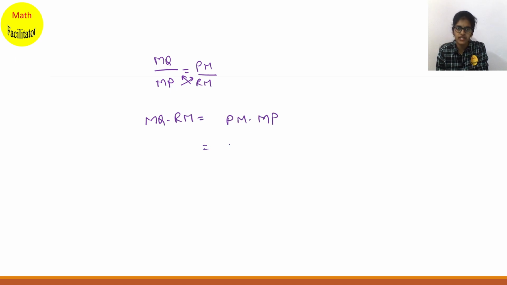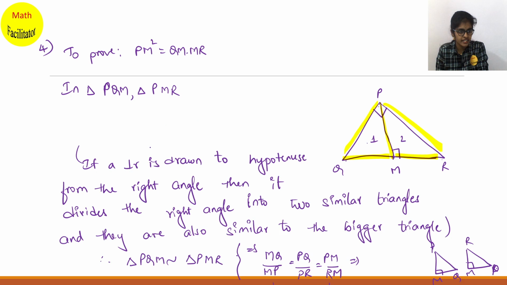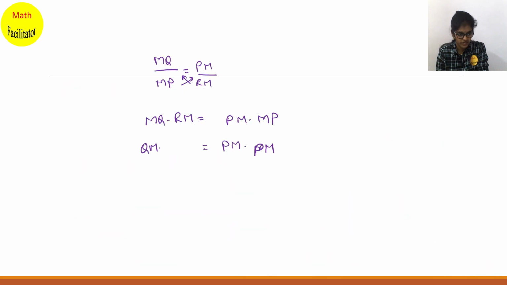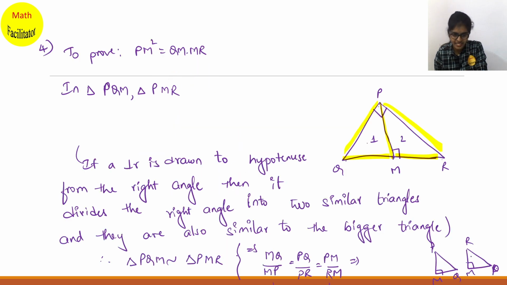PM or MP both are the same, so I can write this as PM into PM, equals QM into MR, since MQ or QM is the same and RM or MR is the same. So PM into PM is PM square equals QM into MR. That is why I took the triangles this way.